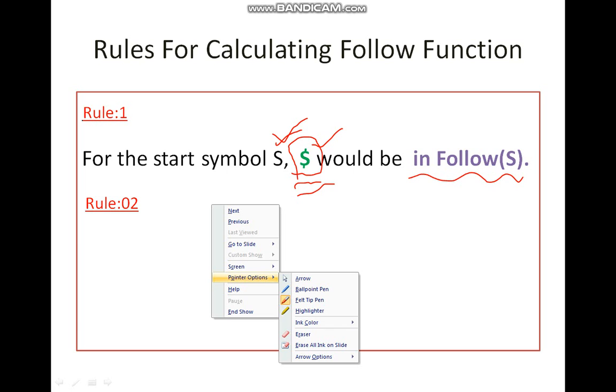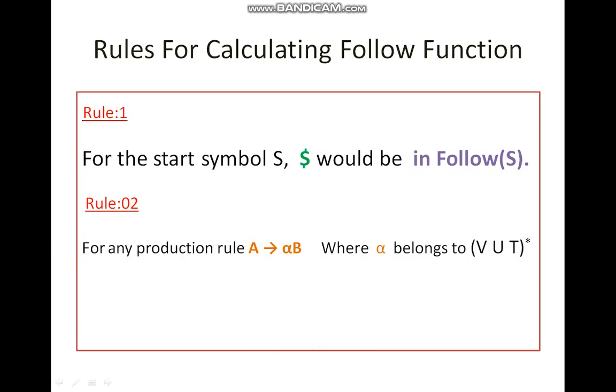Now what is rule number 2? You need to identify all production rules of this form in the given grammar, where A is a variable, B is a variable, and alpha could be anything.